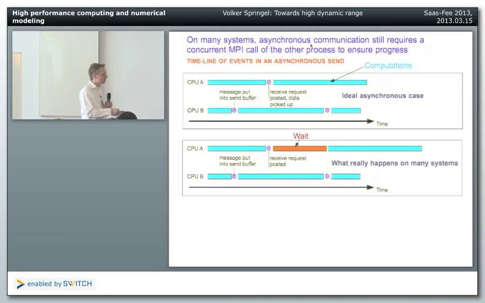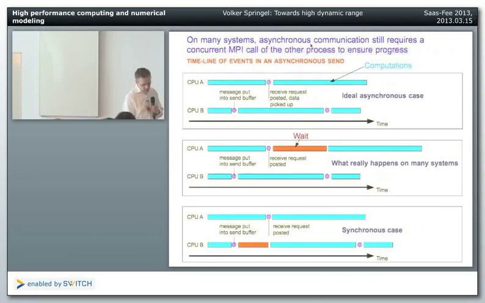So you will actually wait until B is in the MPI library, and this is quite common. So you have a wait after all, and it turns out this is actually worse than the synchronous case. If you had programmed it so that B waits until A is ready, you would have just this wait time, which in this case is shorter. So this is just one example that tells you there are no golden bullets for this problem, right?